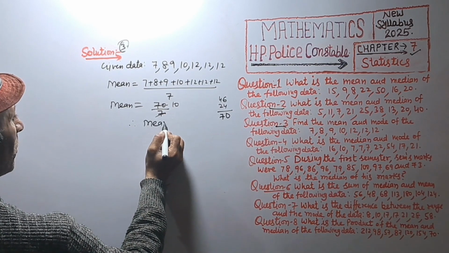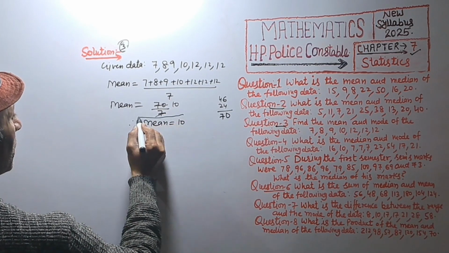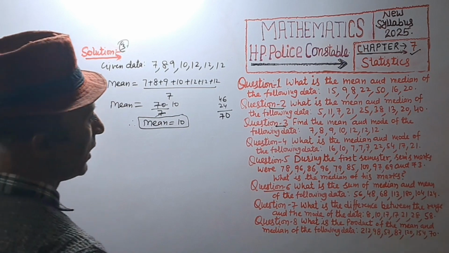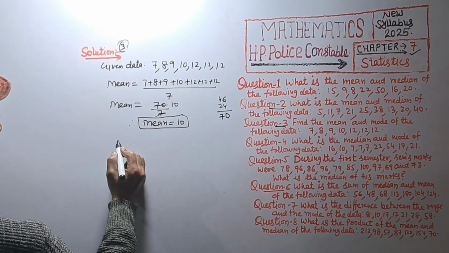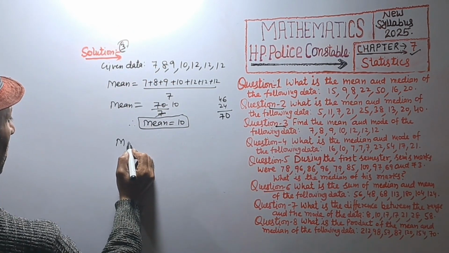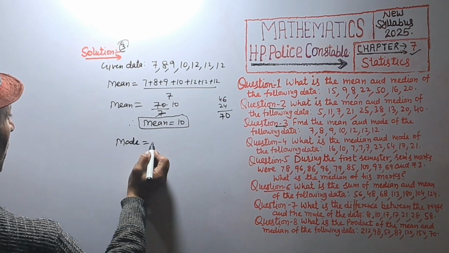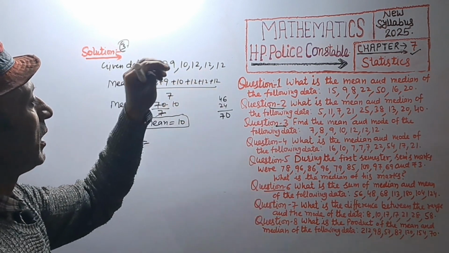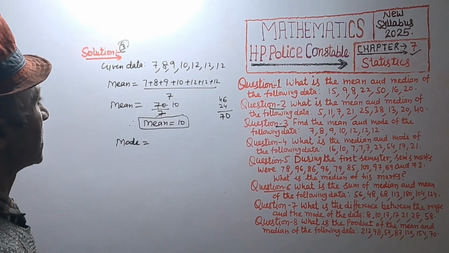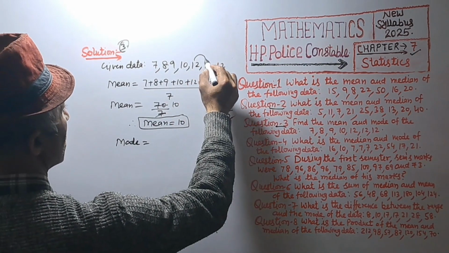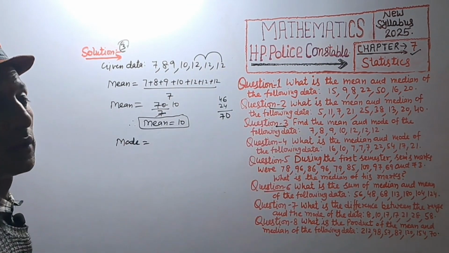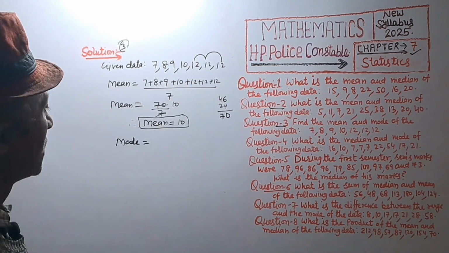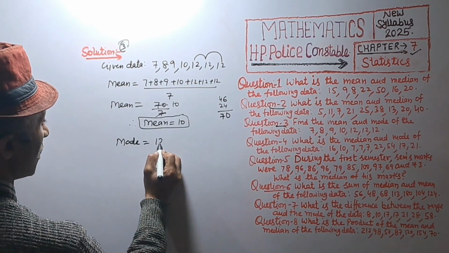So mean equal to 10. And mode. Mode is the number occurring maximum times, that is 12. 12 occurs 3 times, so mode is equal to 12.